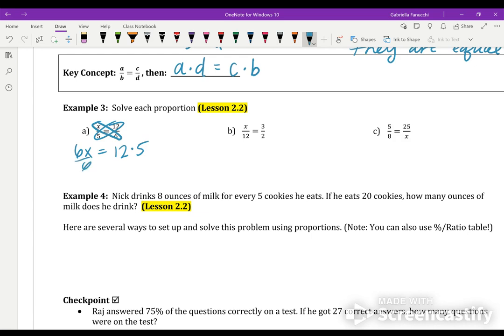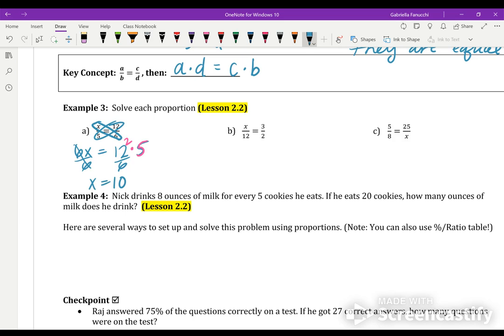So if I divide by 6, I want to divide the 6 right there by the 12. Because I know that 12 divided by 6 is 2. So what I have is 2 times 5. So x is just equal to 10. And if you would have done 6x is equal to 60, you still would have gotten that x is equal to 10. But here we just simplified it.